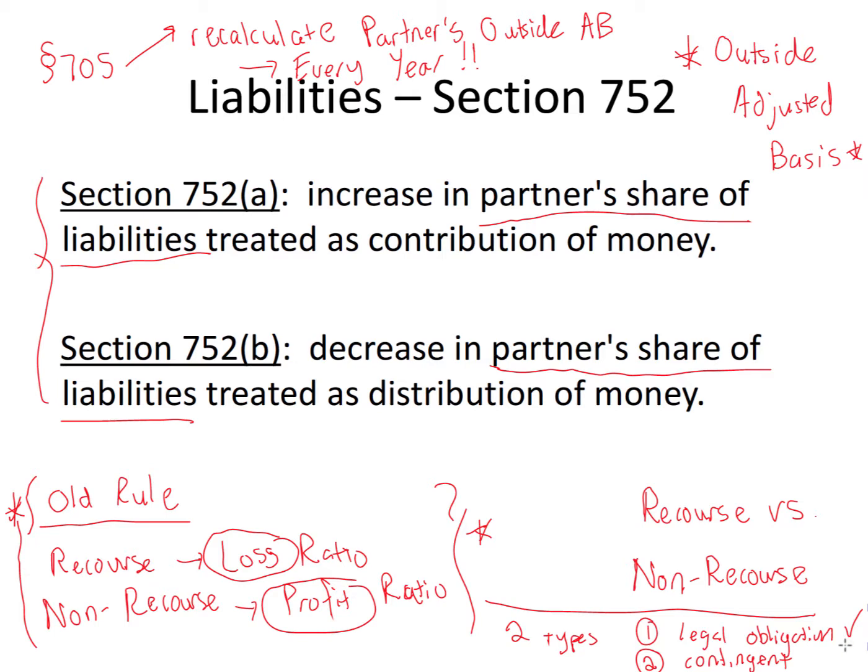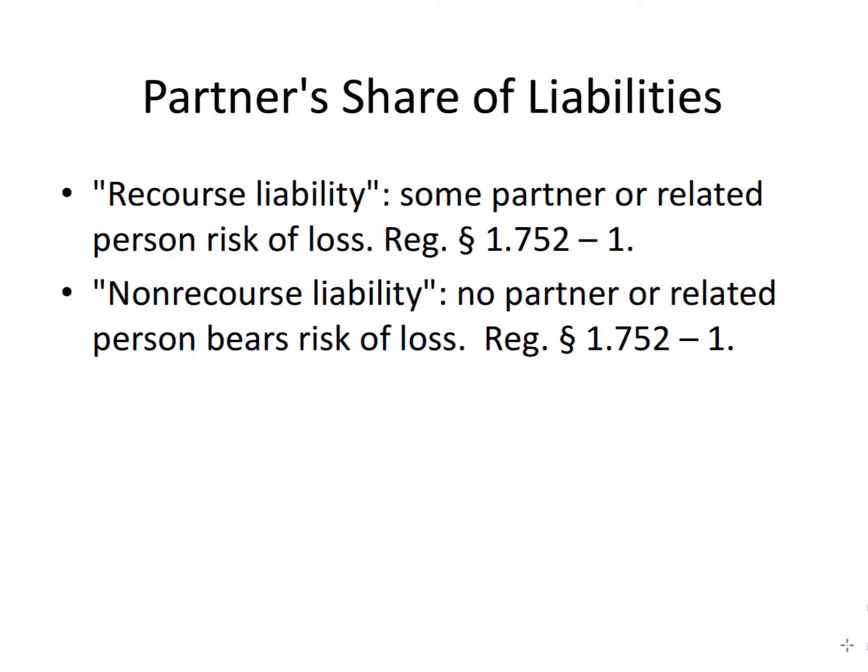All right? Okay. So really, the central part when it comes to determining how exactly to look at liabilities, and this phrase is very important, I definitely would write this down. It's the economic risk of loss. The economic risk of loss. This is what the regulations harp on.